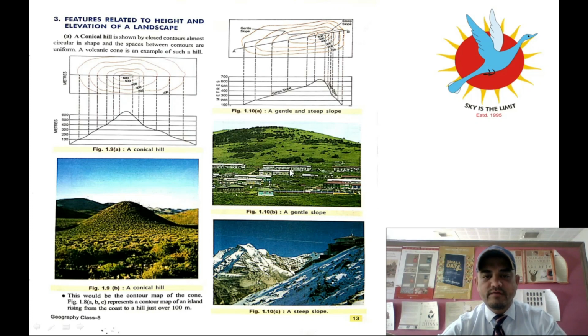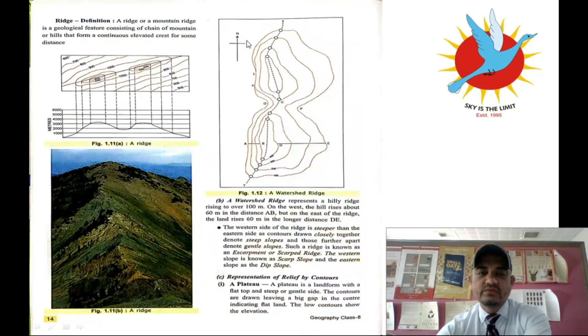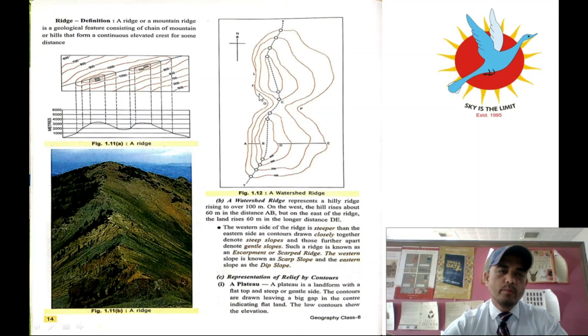This is a picture of a gentle slope, and this is a picture of a steep slope. You can compare both pictures, how much difference is there, and this contour shows the difference. On one side the contours are very close, and on one side the contours are very wide. So in this way we can know about the slopes or spacing.